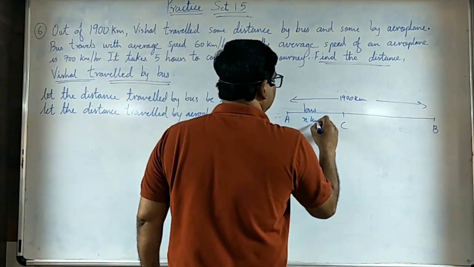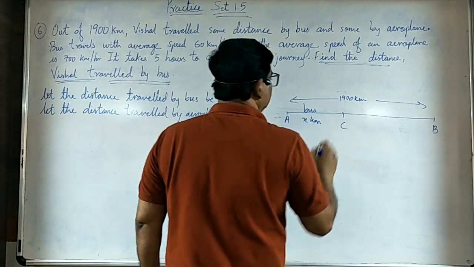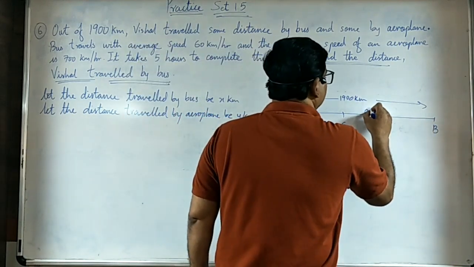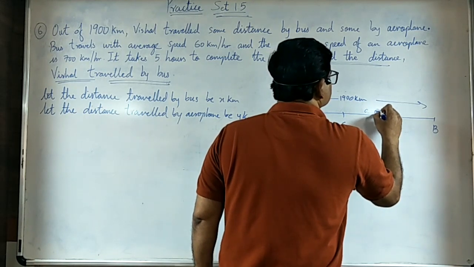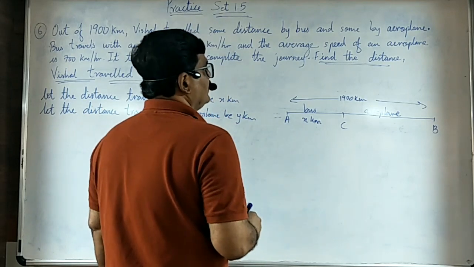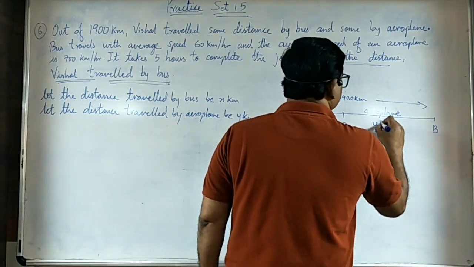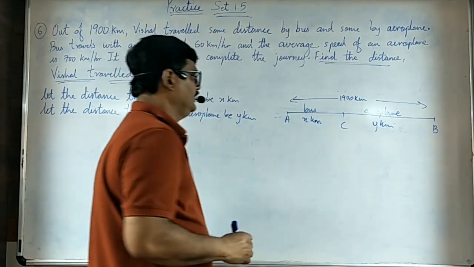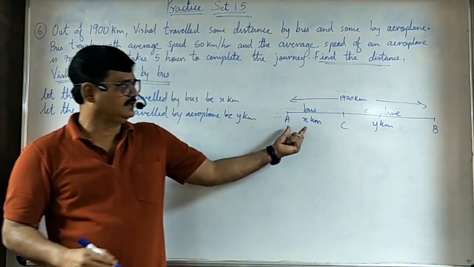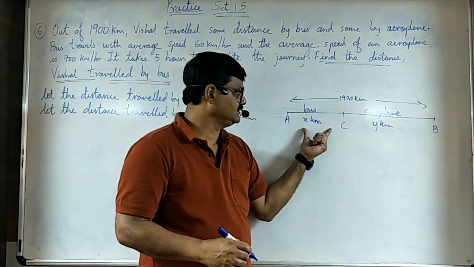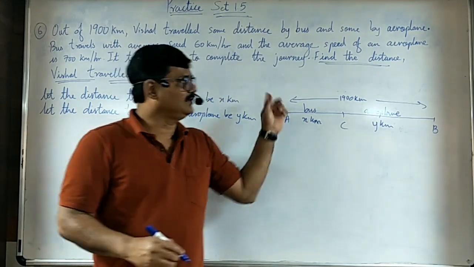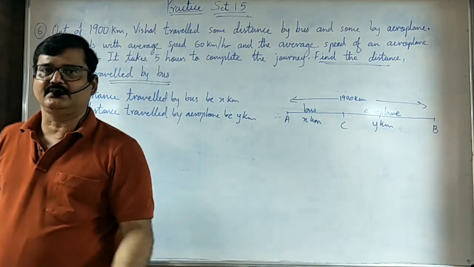And C to B is the distance traveled by aeroplane, which we kept as y kilometer. So A to C is traveled by bus, x kilometer, and by aeroplane he has traveled y kilometer, and the total distance is 1900 kilometer.